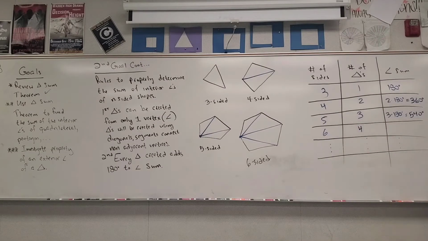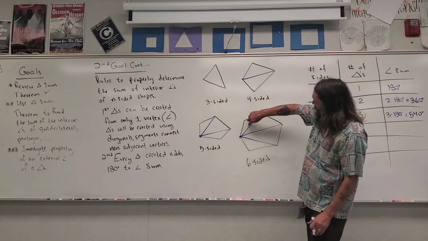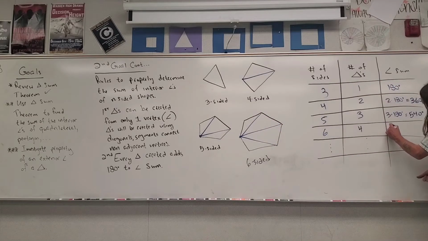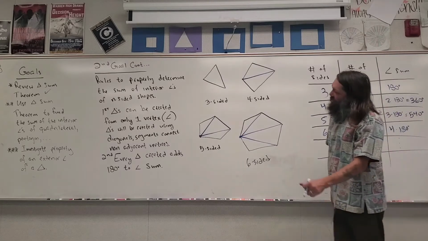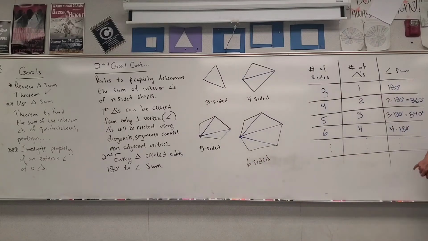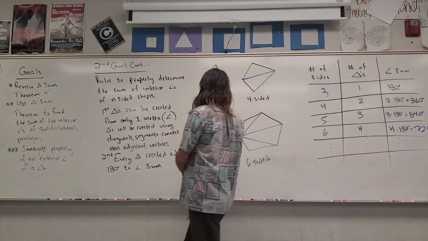All right, and that means that the 6 angles must add up to 180 degrees 4 times, right? Because every triangle created adds 180 degrees to the angle sum. So I have 4 triangles at 180 degrees each. So that means that we have 720 degrees of angle measures in 6-sided shapes.